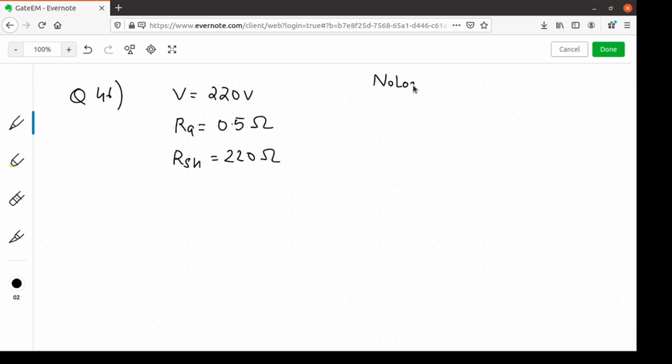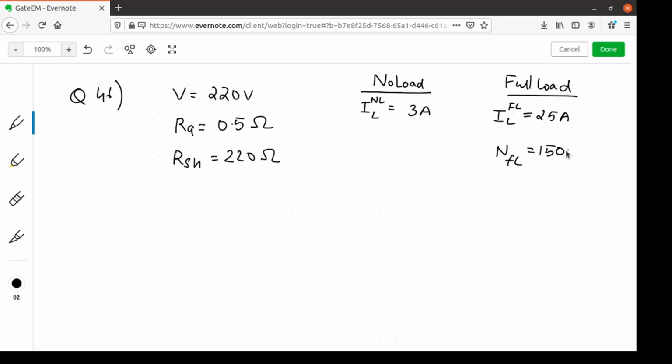The no load line current is 3 amps, and at full load the line current is 25 amps. So I'll take this as NL and FL. Also, we are given the full load speed, that is 1500 rpm. We are asked to find the no load speed.